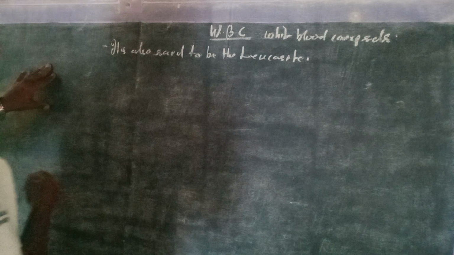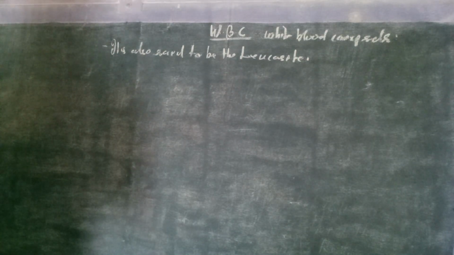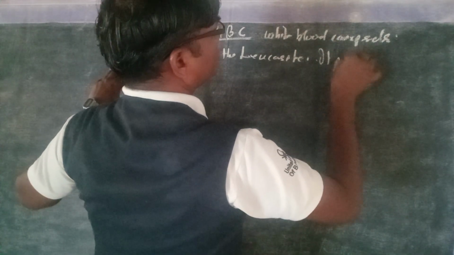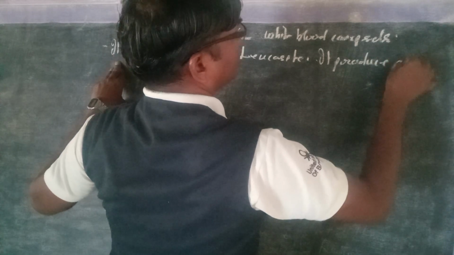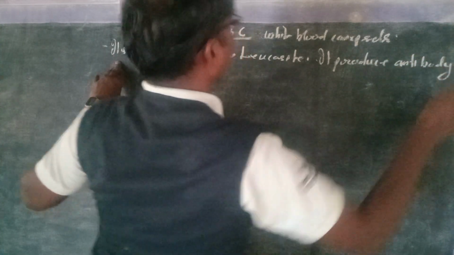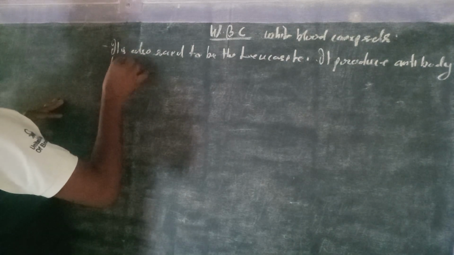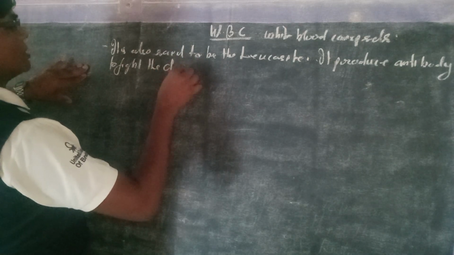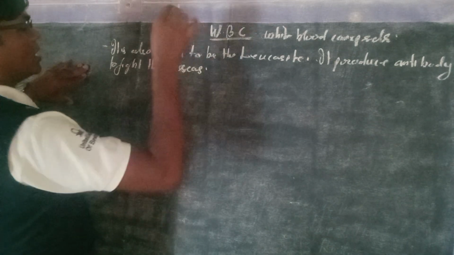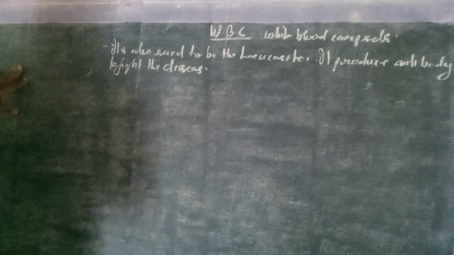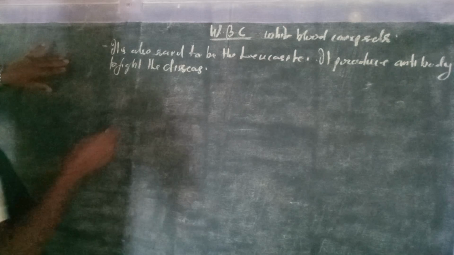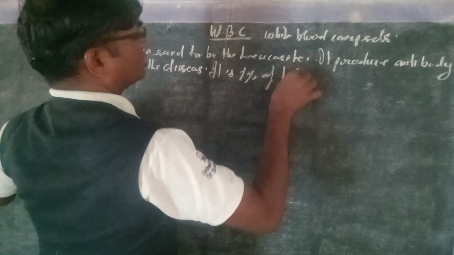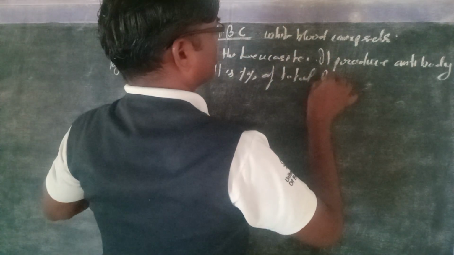It helps the body fight disease by producing antibodies. It is 1% of the total blood corpuscles.